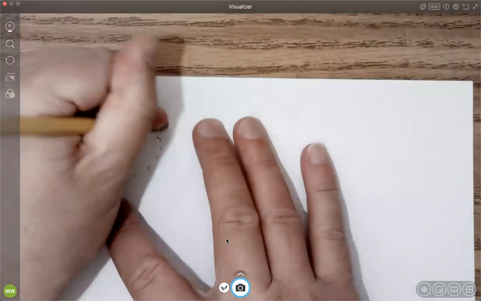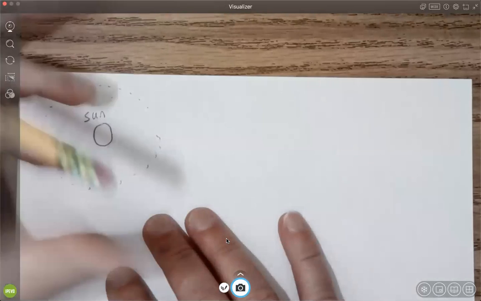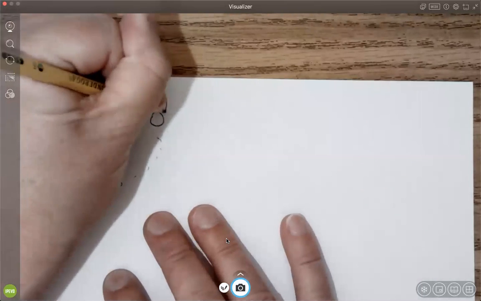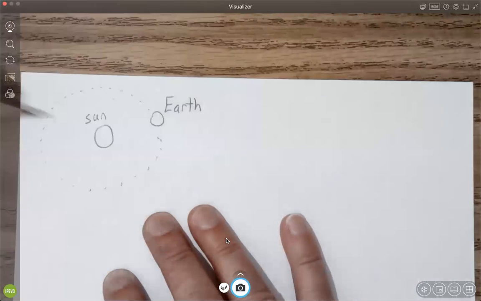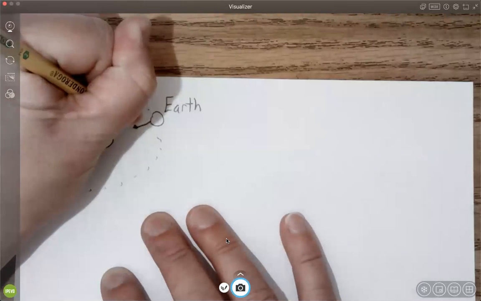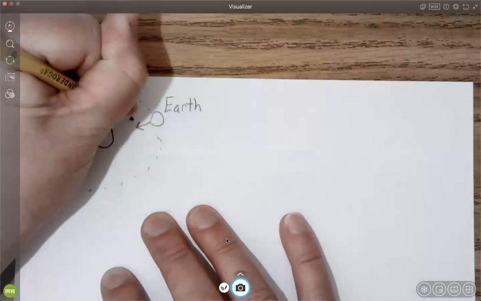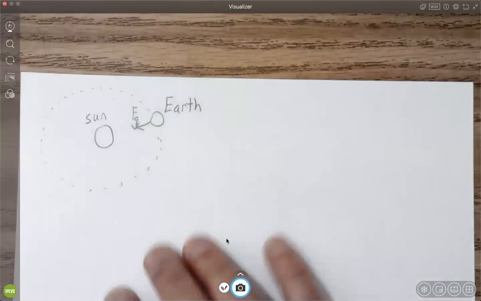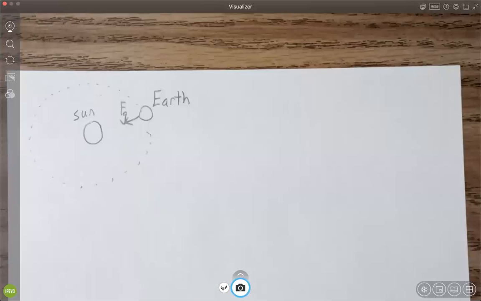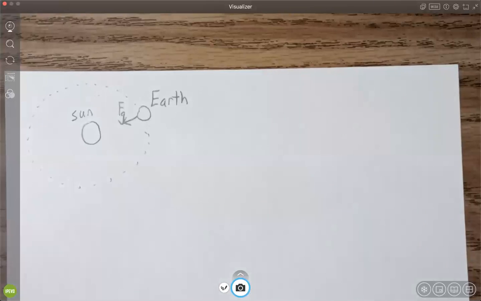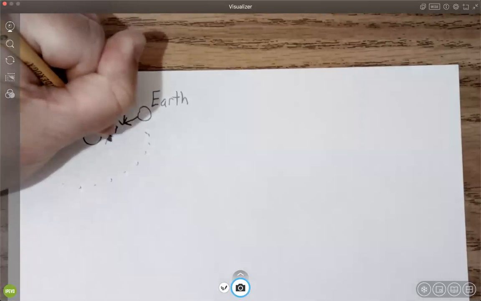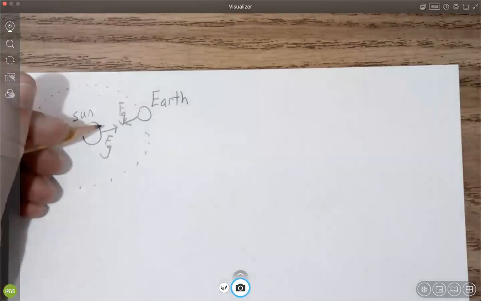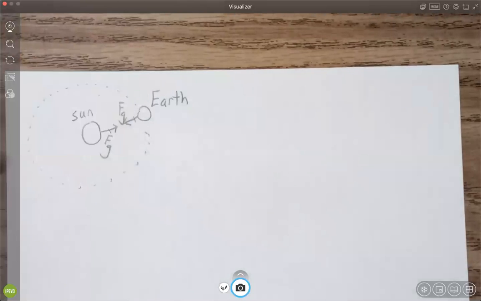And I can place an object outside of the sun like the Earth. We know this Earth feels this force due to gravity towards the sun. We also know the sun is going to feel the same exact force due to gravity. It's a Newton pair. So we can mark those as equivalent.